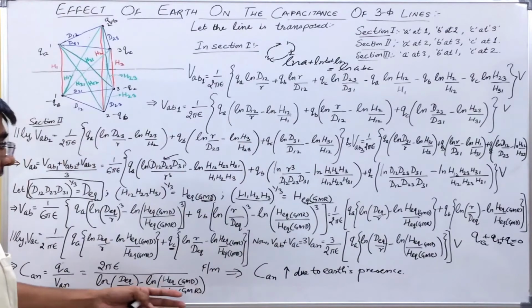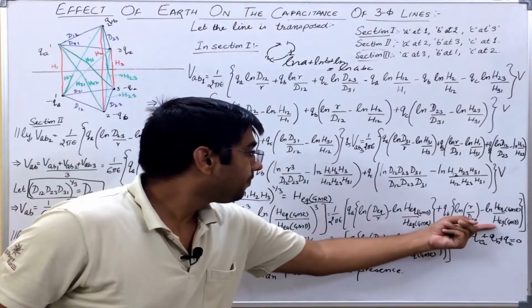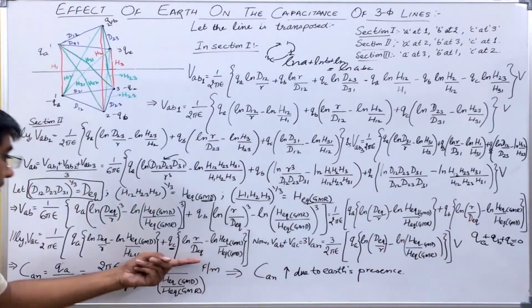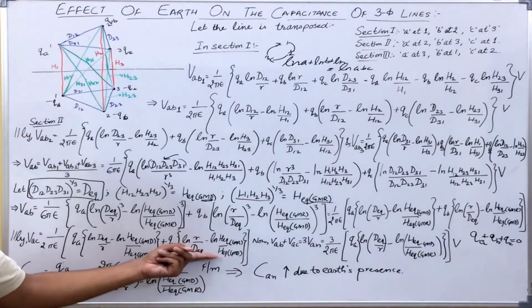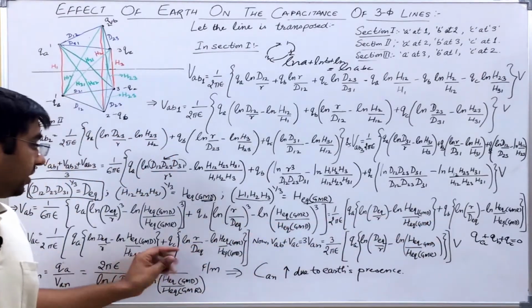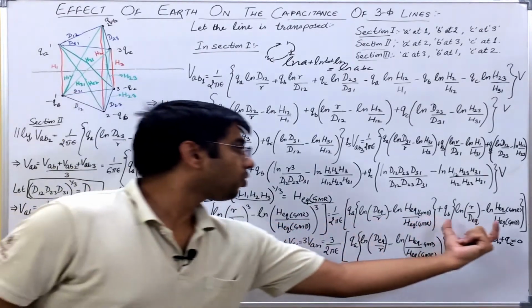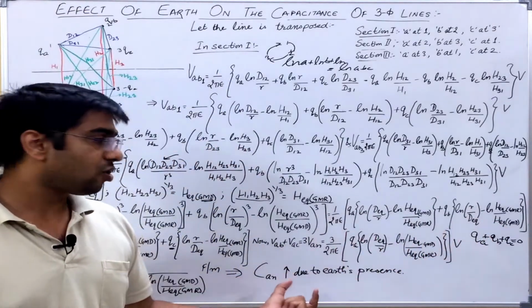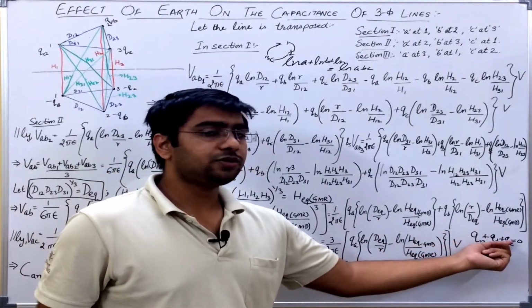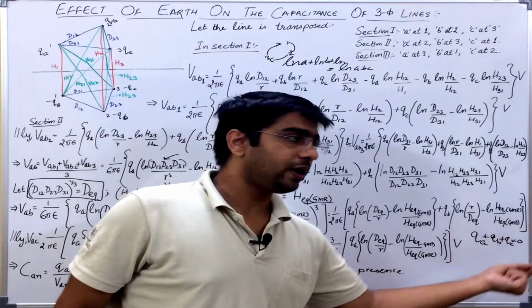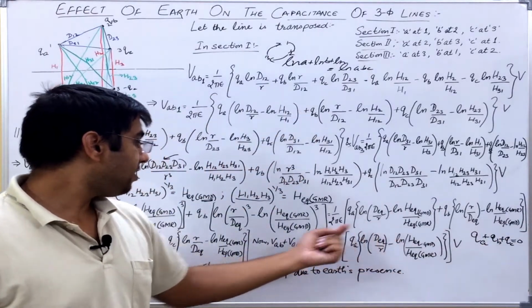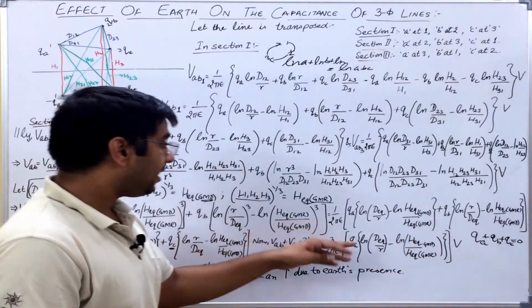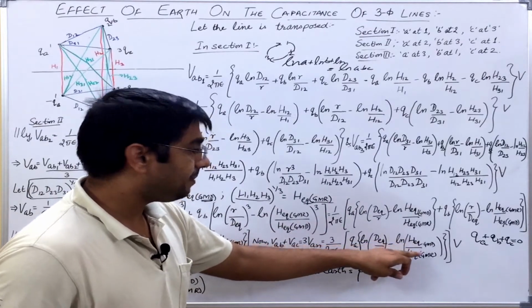Why? You will see that this thing is common for QB and QC. These terms are common, so I can take them out and write QB plus QC as equal to minus QA, and this minus sign will invert and I will get this expression GMD by GMR.